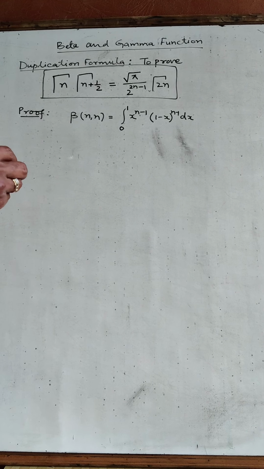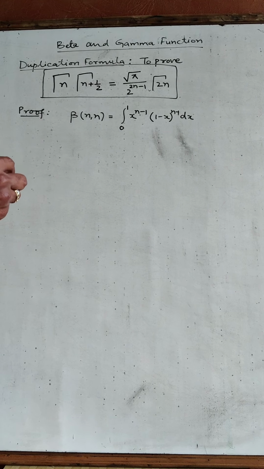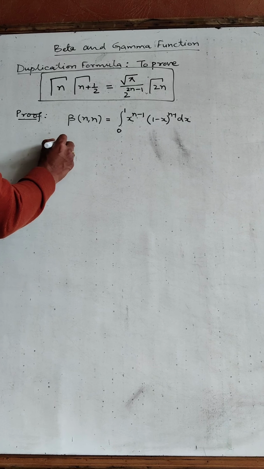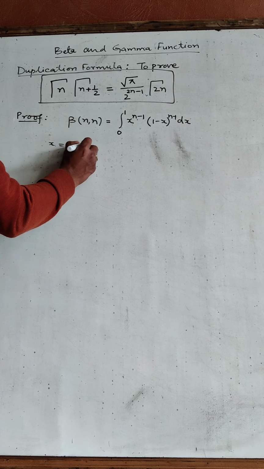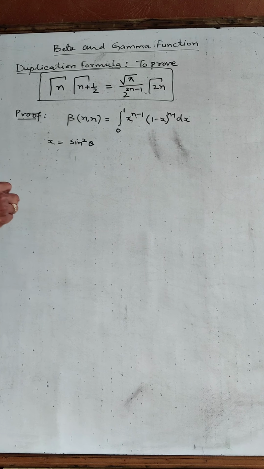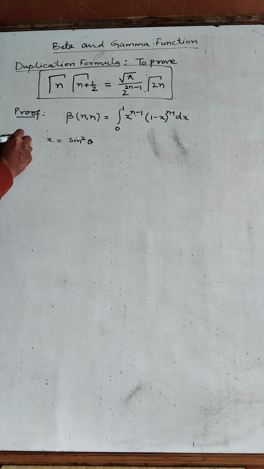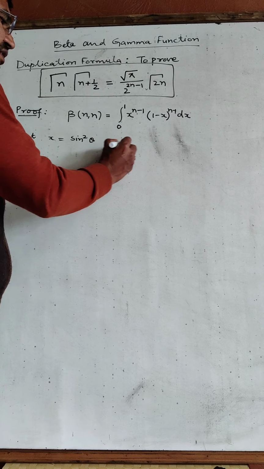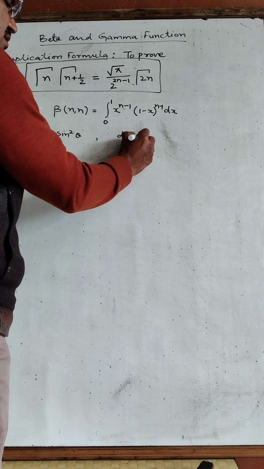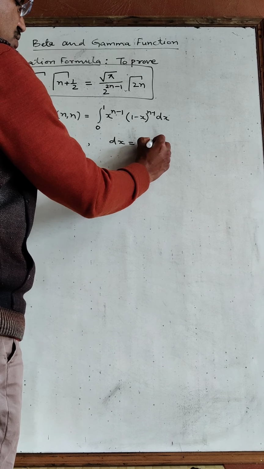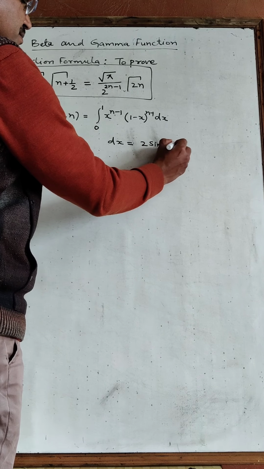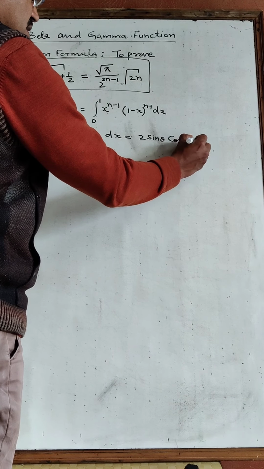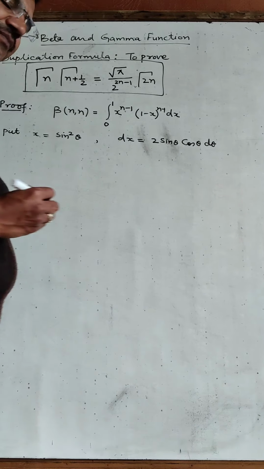This is the beta function. We will substitute x is equal to sine square theta. Then we will have dx equal to 2 sine theta cos theta d theta.